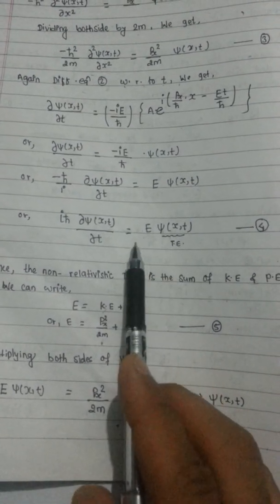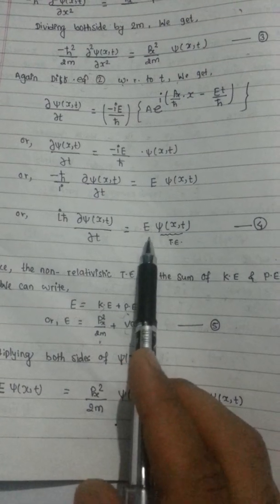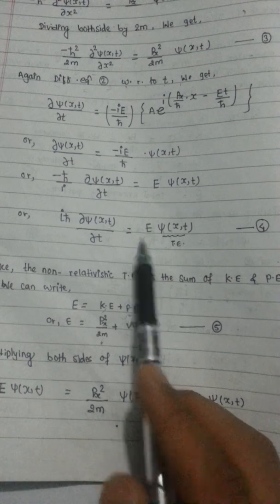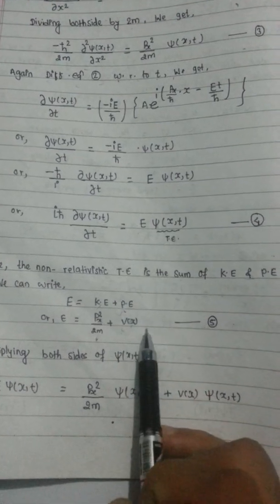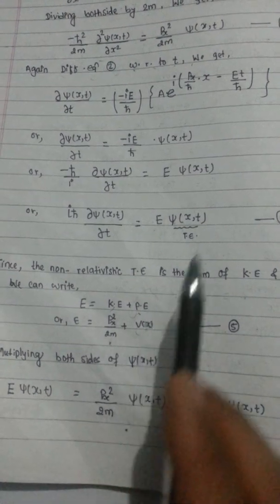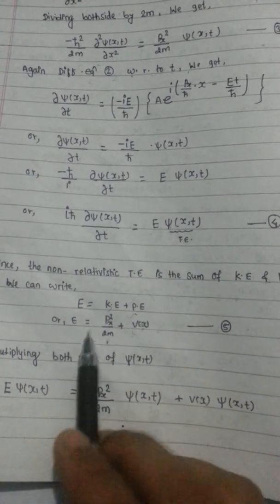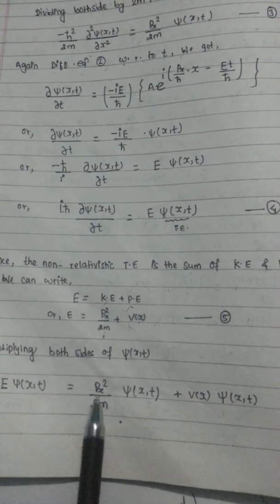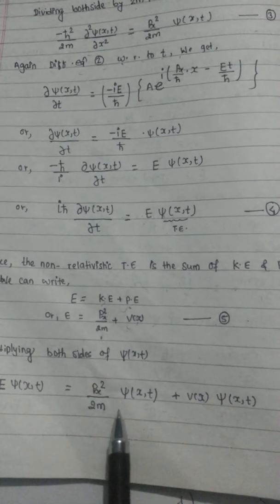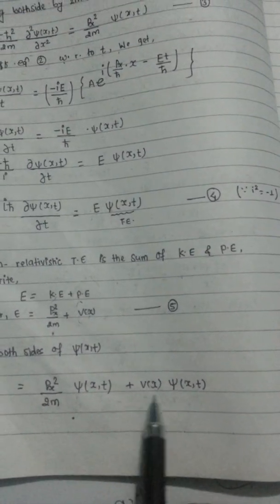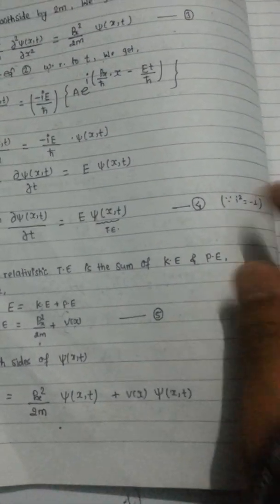We need to substitute the value of E in equation 4. Here psi of x comma t is attached with the E, so we multiply both sides by psi of x comma t, and we get E psi of x comma t equal to p_x square by 2m psi of x comma t plus V(x) psi of x comma t.